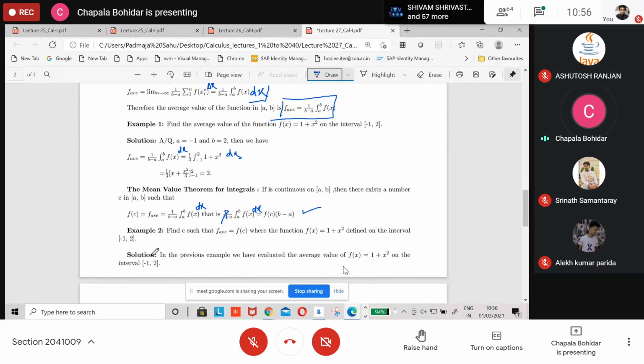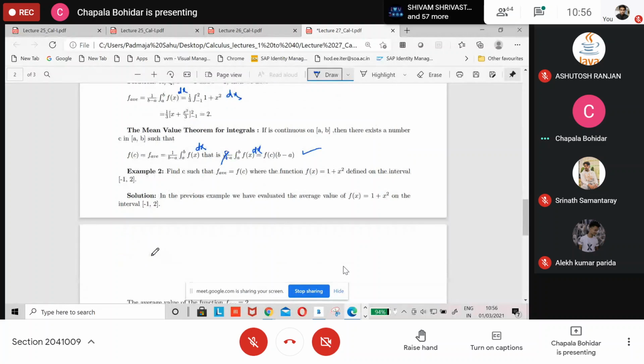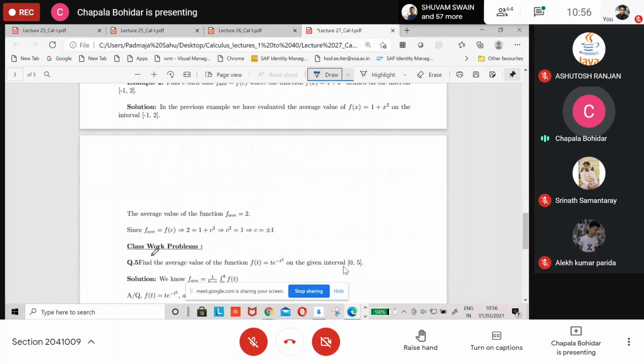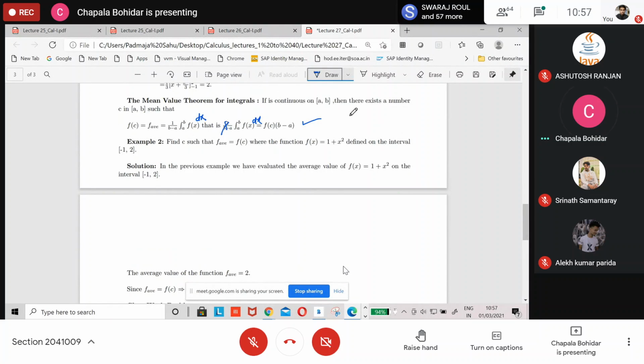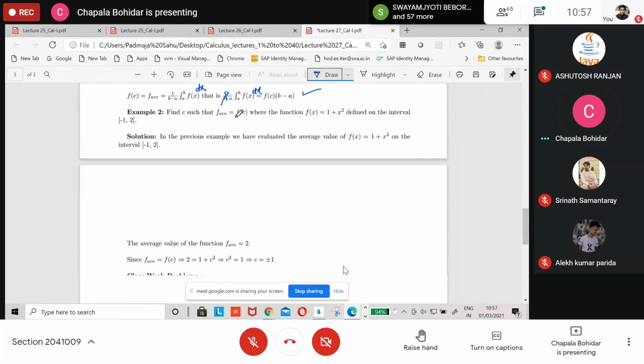By solving, f average we already got is 2, from the last question. So f average is equal to f(c), where c lies in between -1 and 2, and the functional value f(x) = 1 + x², so I can write f(c) = 1 + c².